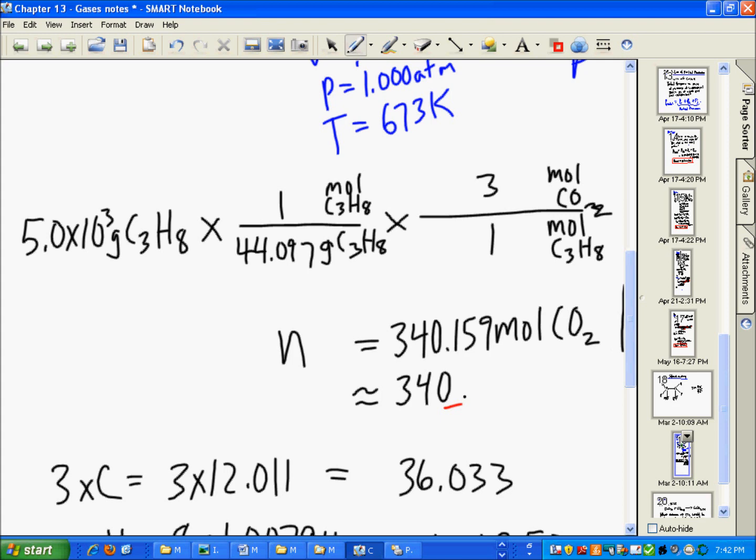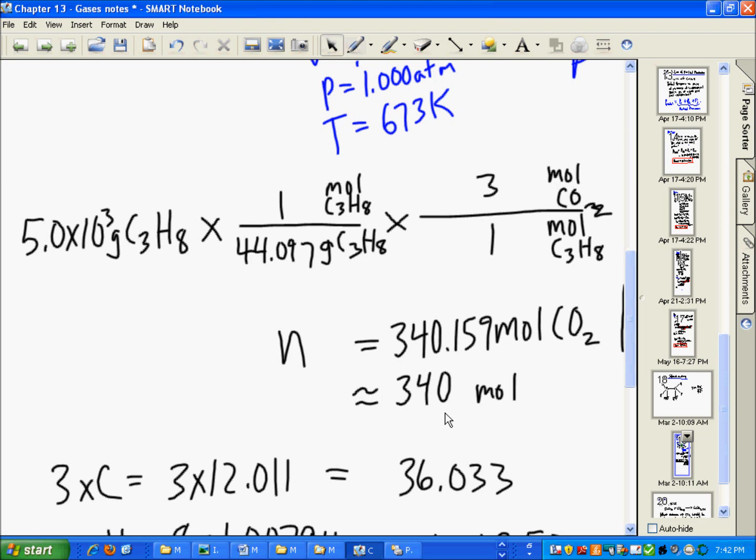It should be 340 with no decimal, but it won't matter in this case because it's just a 0. So 340 moles.